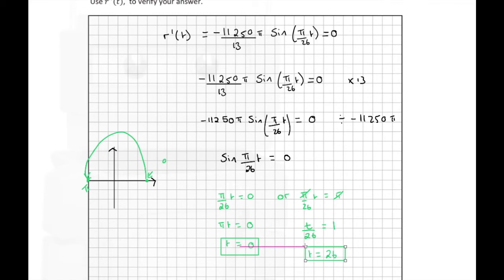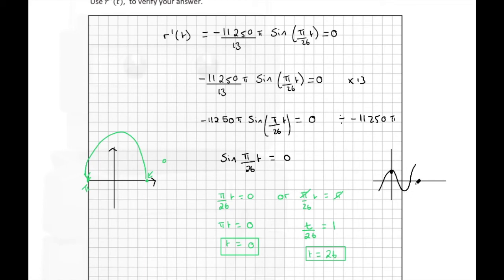So now I've got two values, which we should expect. We should expect that there would be a maximum and a minimum within our cosine function there. Now, if you remember back to your cosine graphs, we would expect that graph to have a maximum at 0, because remember, the cosine graph goes through 1. If it's just cos x, it'll go through 1 and it'll peak there.